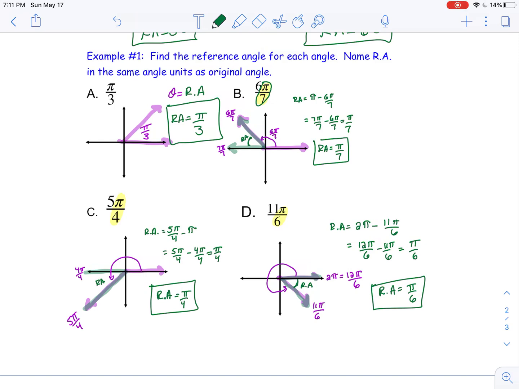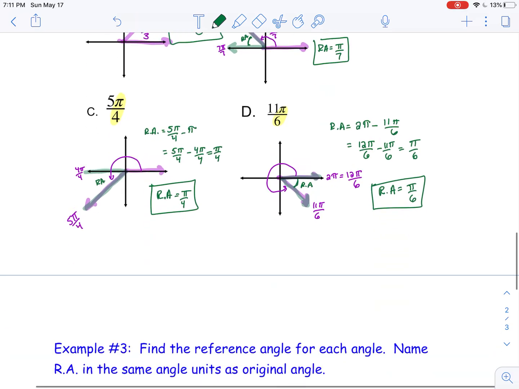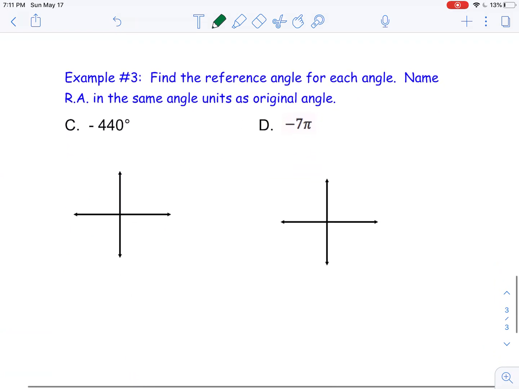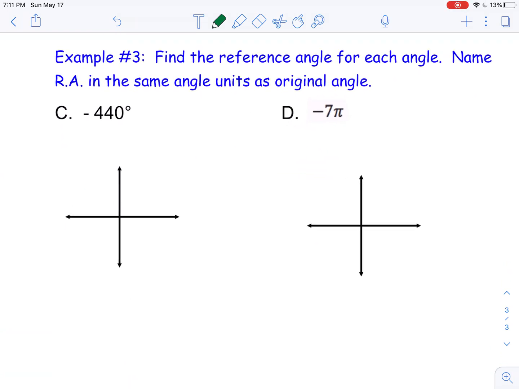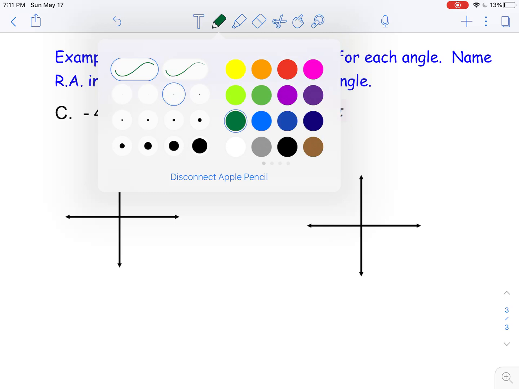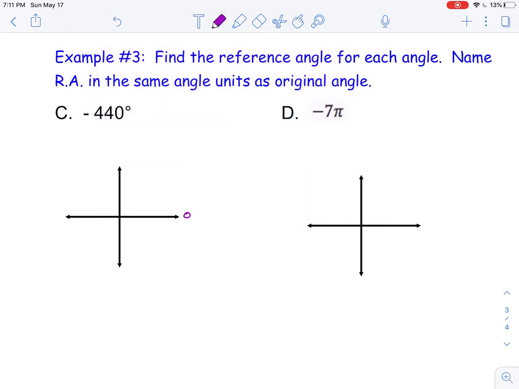I just want to take a minute and show you how to do this with negative angles really quick. If I have negative 440, I have to think about where that's at. Going in the negative direction, this is negative 0, negative 90, negative 180, negative 270, negative 360, and then this is negative 450.